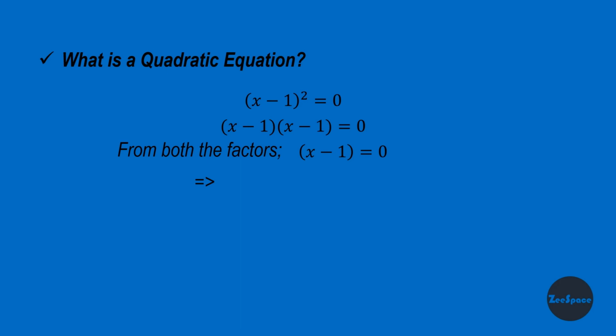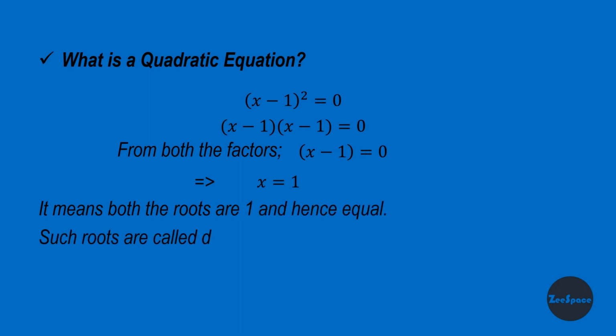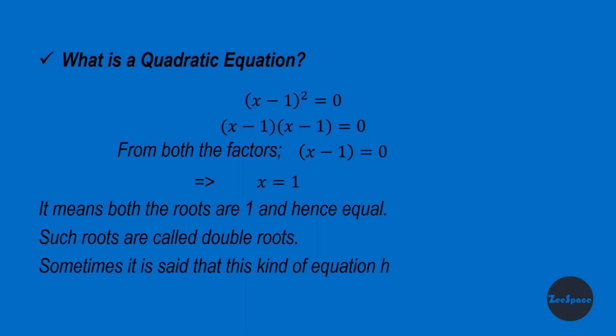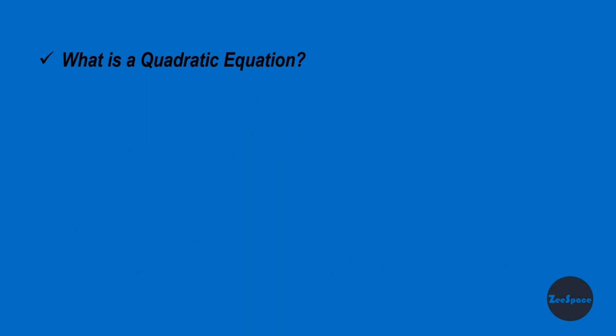From both the factors x minus 1 equals 0, this gives x equals 1. It means both the roots are 1 and hence equal. Such roots are called double roots. Sometimes it is said that this kind of equation has only one root.